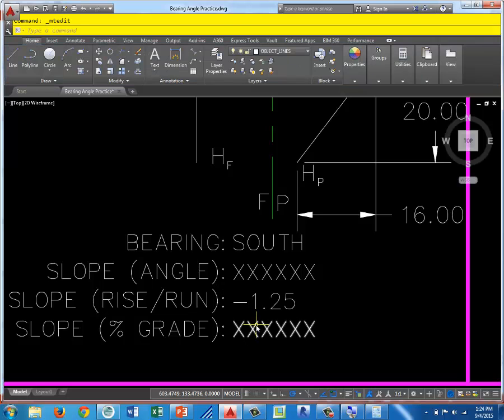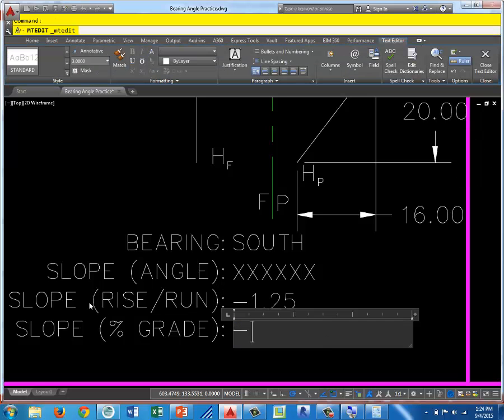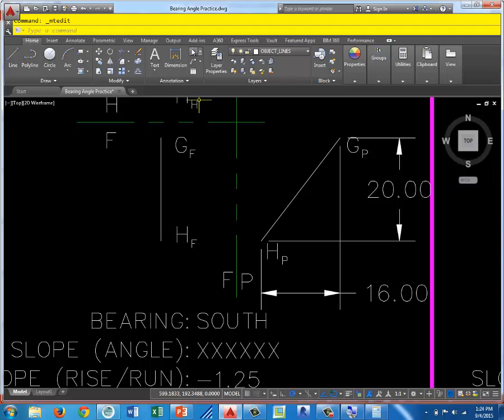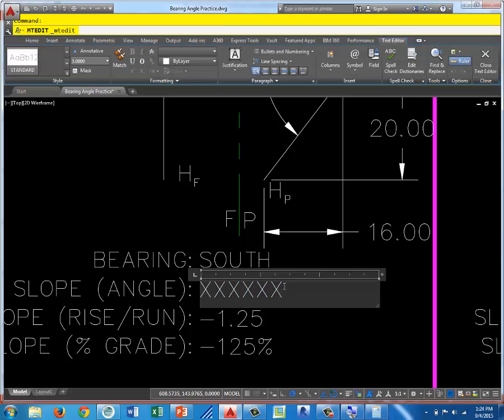And then as a percentage, that would be negative 125%. So then I'll come back for my angle since I skipped over that. Angular dimension looks like 51.34 degrees. Also negative.